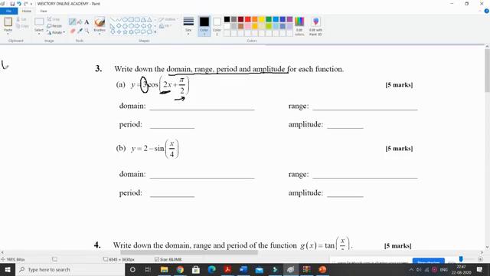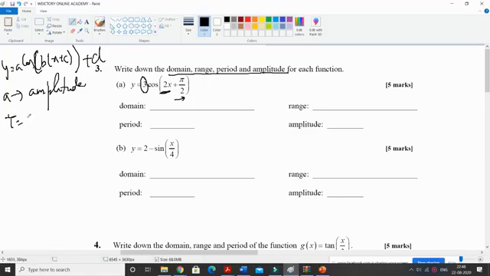So I'll write the general form. Y is equal to a cos of b times x plus c, plus d. Okay, now this is the general form. A is the amplitude, b helps in finding the period. Okay, so period of this function will be 2 pi over b, because generally the period is 2 pi, but here x is multiplied by b, so the period will be 2 pi over b.